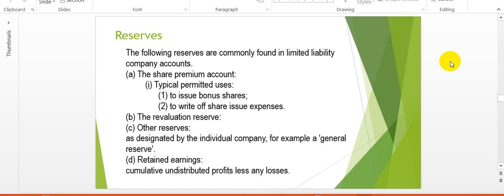Anything coming from previous years up to date, including this year's profits, is known as retained earnings. Students tend to interchange these words and then they keep on getting things wrong.